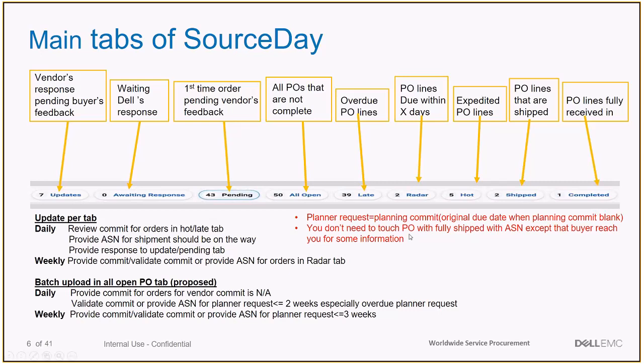If they change it, then the Planning Commit field will show their latest requested due date. So in short, if there is a Planning Commit, please try to abide by it. If not, then just use the original due date. Okay, so this is page 6, very important. Any questions for this page?